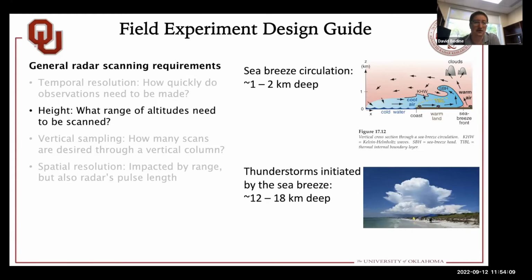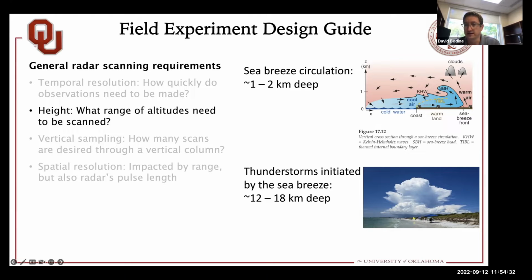Next, we need to consider how high up we want to scan. The radar has a finite amount of time to scan, so the smaller the area you scan, the faster you're able to scan it. The height and temporal resolution go hand in hand as a trade-off. A sea breeze circulation, for example, tends to be 1 to 2 kilometers deep.